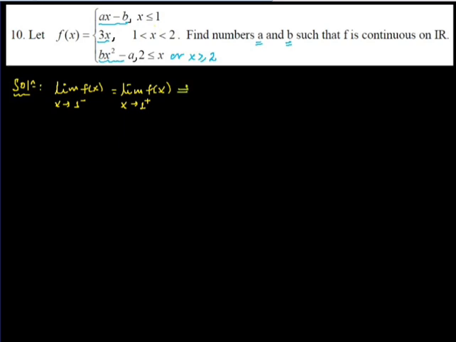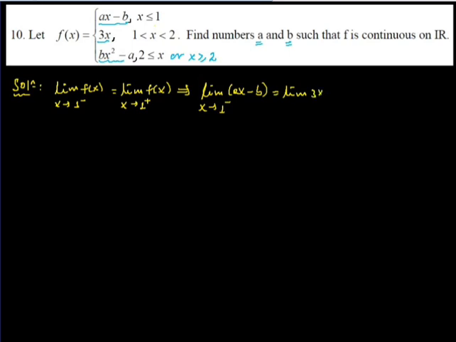So for x less than or equal to 1, we use ax minus b. So the limit of ax minus b as x approaches 1 from the left is the same as the limit from the right, where we use 3x.